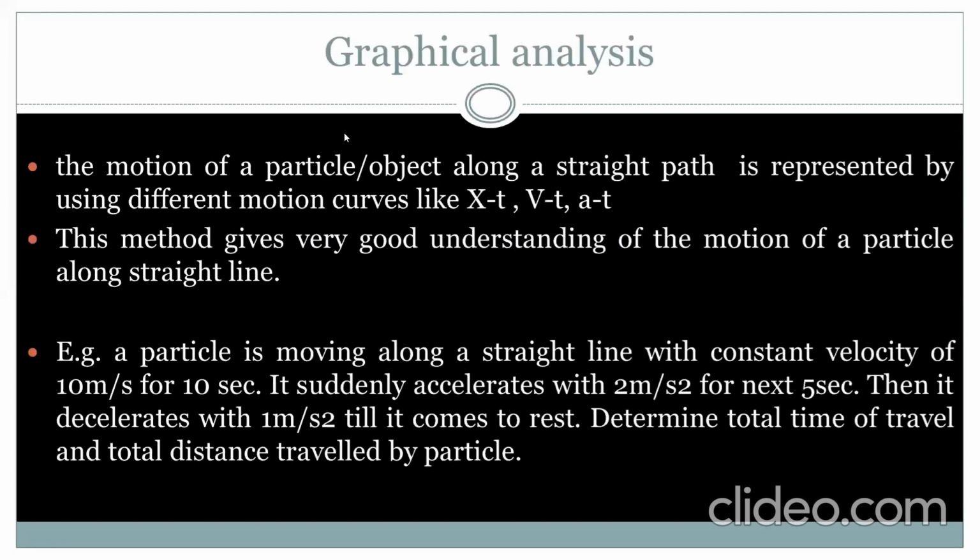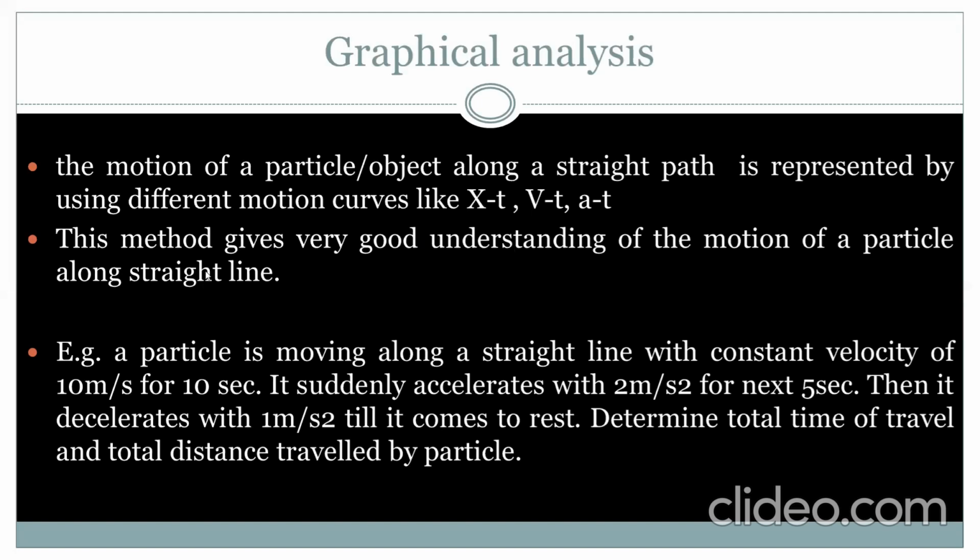So in the graphical analysis, the motion of a particle or object along a straight path is represented by using the different motion curves like position time, velocity time, and the acceleration time.